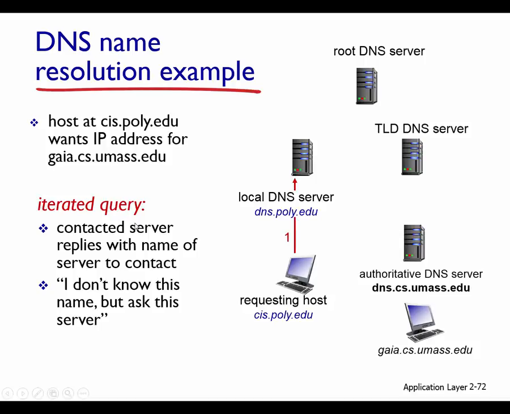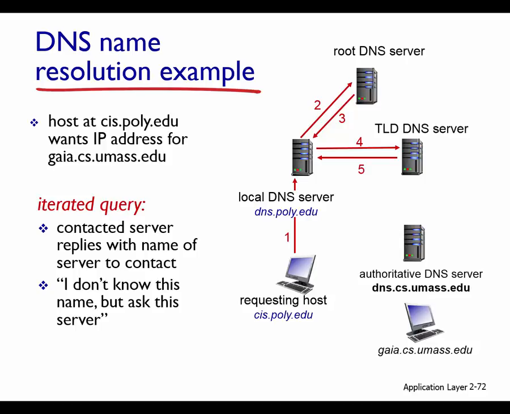So we start off by querying our local domain name server. The local domain name server queries the root domain name server, that gives us the top level domain name server information.